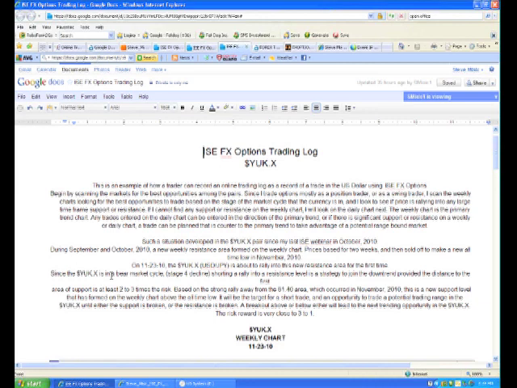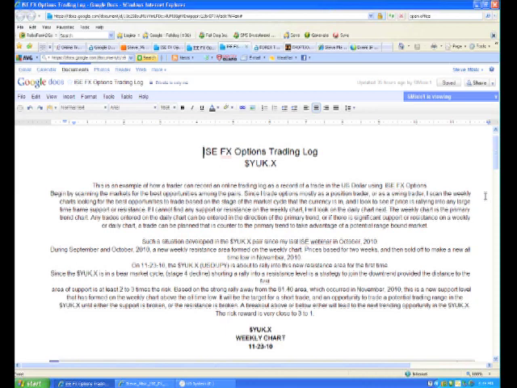So I scan the market, and I'm looking for the best opportunity. Since I trade mostly as a position trader or a swing trader, I'm going to look at weekly charts for the best opportunities to trade, based on the stage of the market cycle that the currency is in. And I'm going to look to see if price is rallying into any larger time frame resistance or support. If I can't find support and resistance on the weekly charts, I'm going to look at the daily chart next.